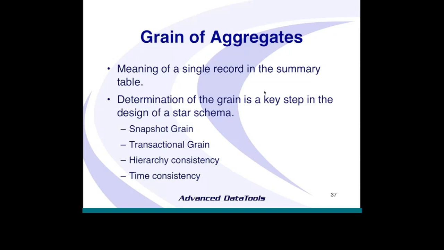Another way to think about grain is in the hierarchy of your dimensions. If you have a product code in one Data Mart that's down at the SKU level, a umpteen-digit SKU level, but then in another Data Mart is more at the brand level, which might consolidate several SKU numbers into a brand, you need to find a common grain for those two to be able to compare them.